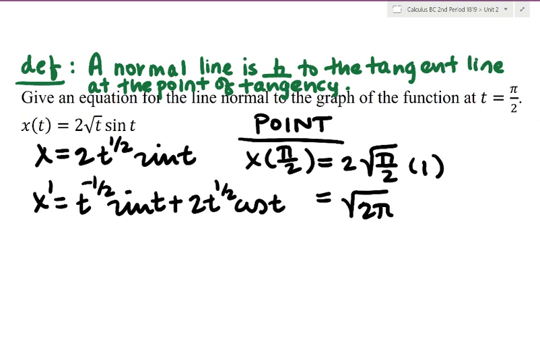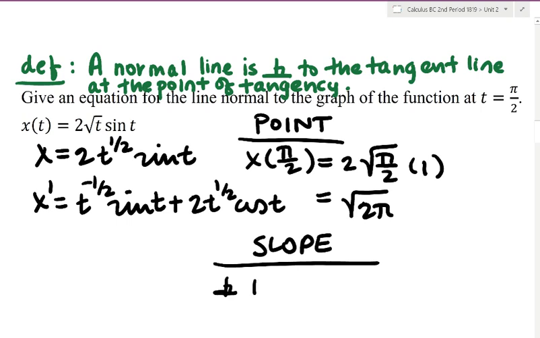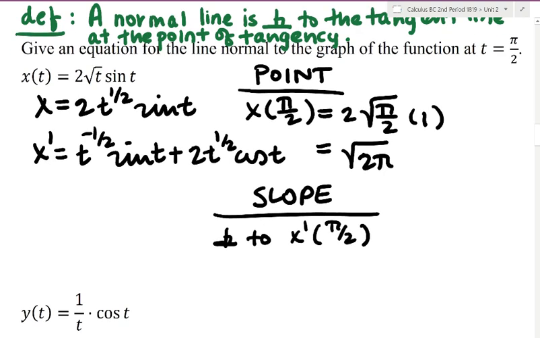And now, in order to get the slope, I say it's perpendicular to x prime of pi over 2. Okay, so I'm going to plug in pi over 2 for t.